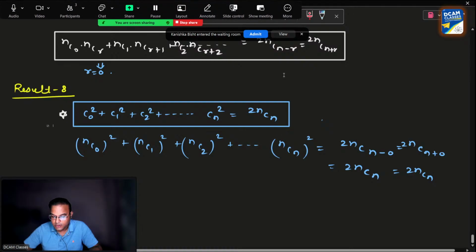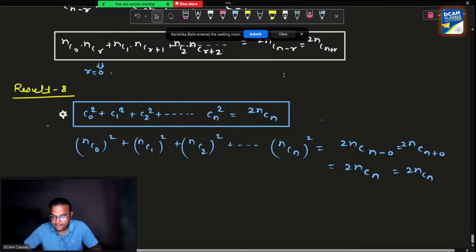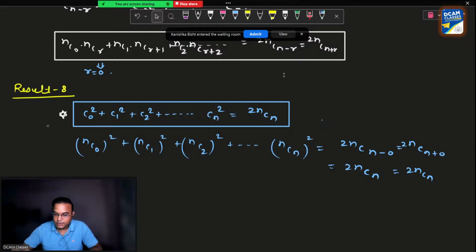Multinomial theorem is also there. I'm giving you the question. Try solving this.